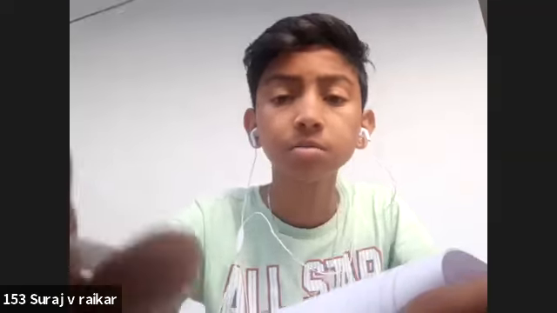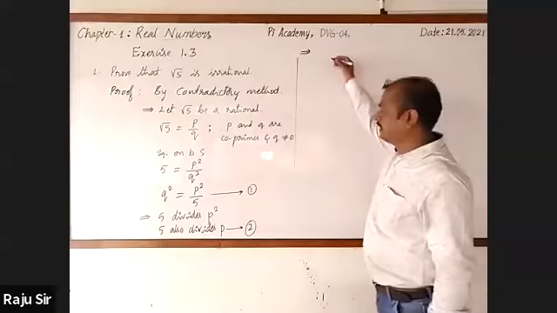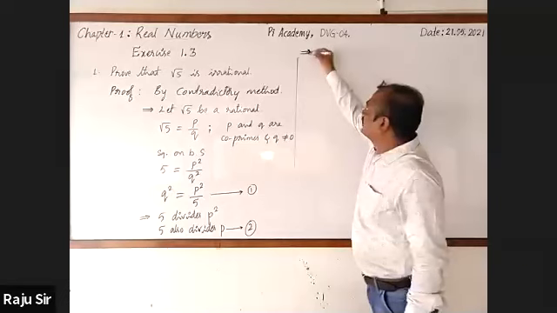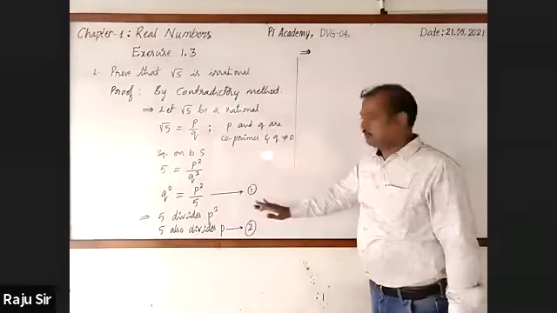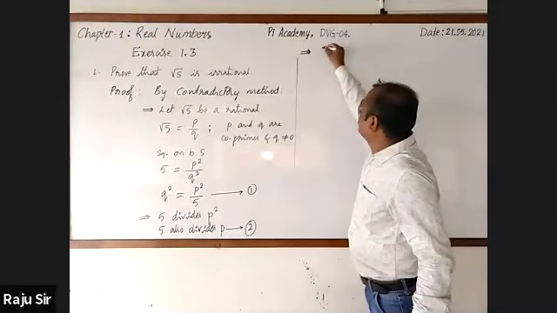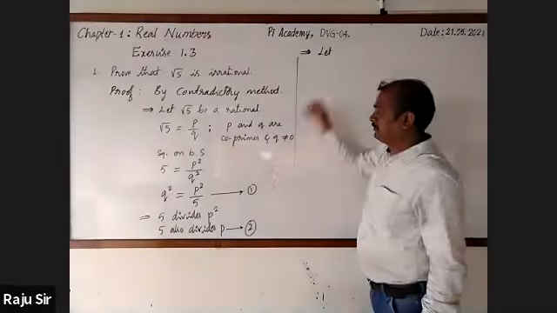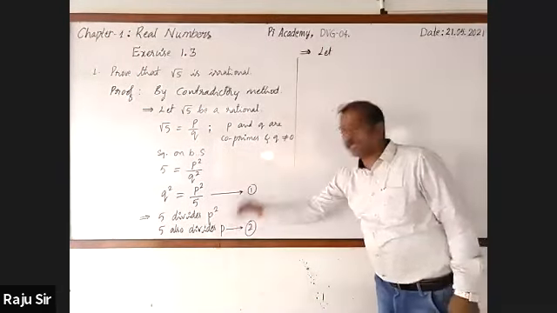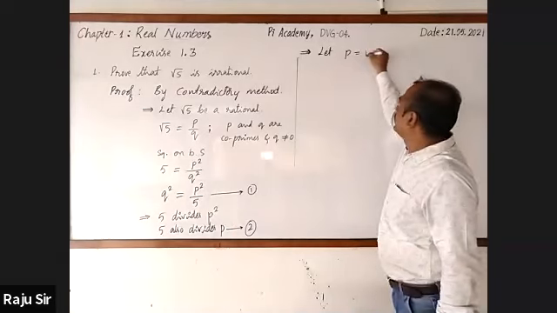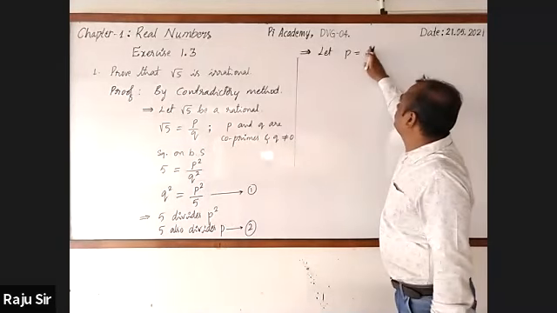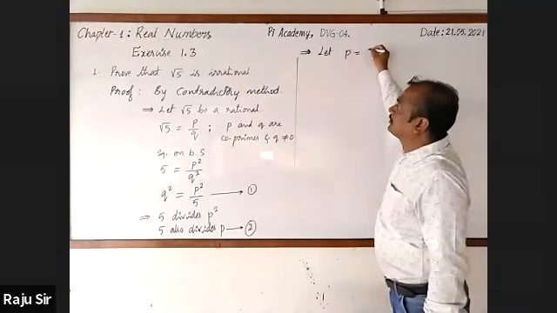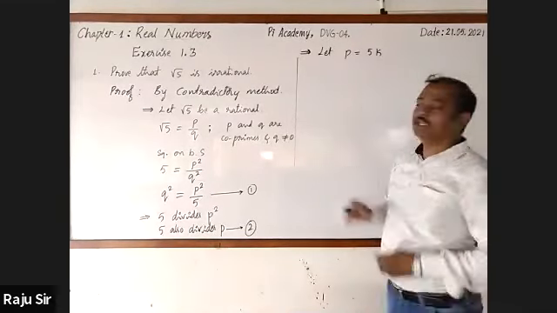According to theorem 1.3. Afterwards, I'll make you write that. Next, write: let us take p as 5k. Can we go for taking 5k?